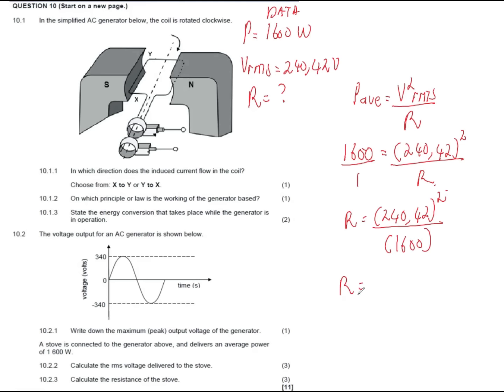So again, you can see here, formula, substitution, correct answer. That's a 3-mark question. 240.42 squared divided by what? 1,600. So our resistance is 36.13 ohms, rounded off to 2 decimal places.